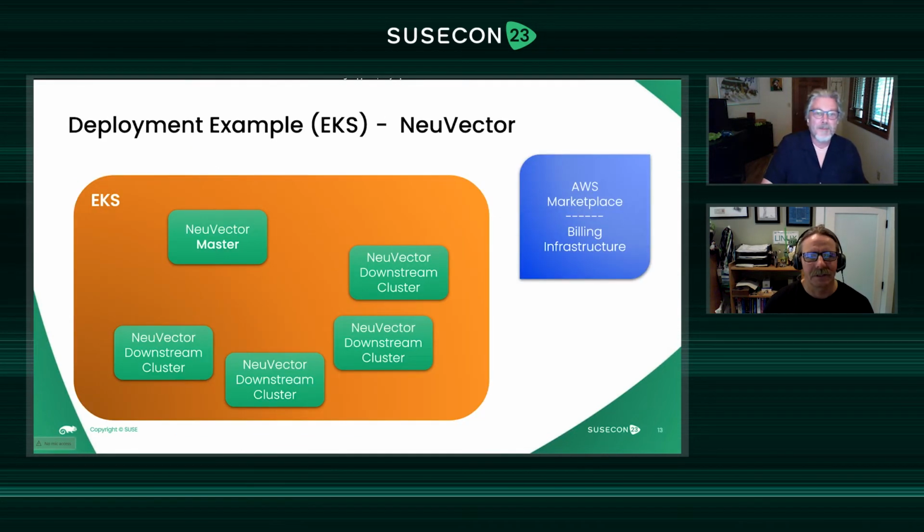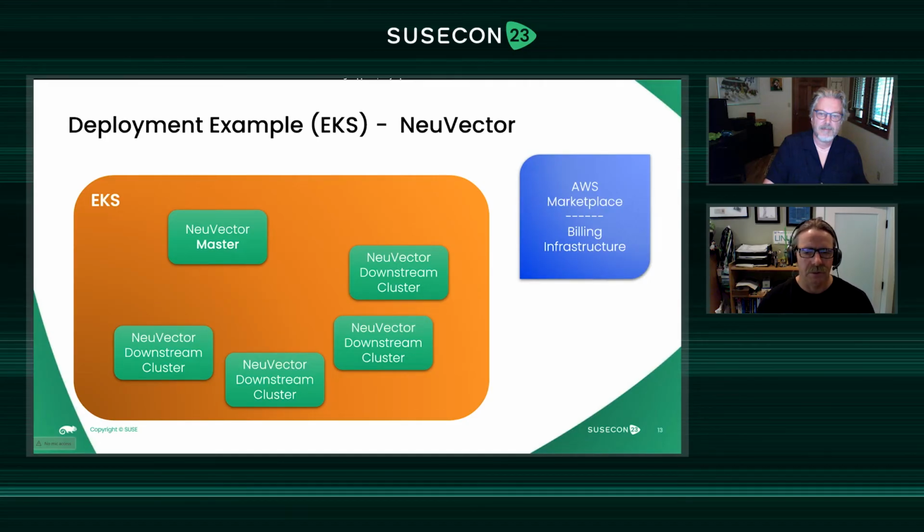So this is the deployment model. You can have an EKS cluster, or really a Kubernetes cluster running anywhere, with your primary node running in EKS, and that primary node from NeuVector would be procured through the marketplace.